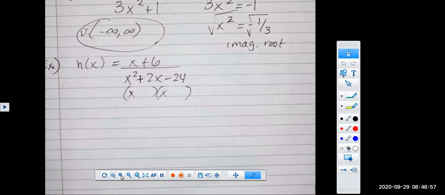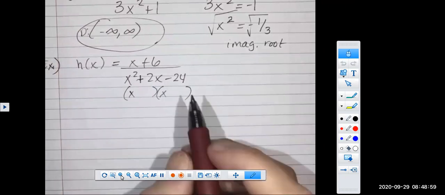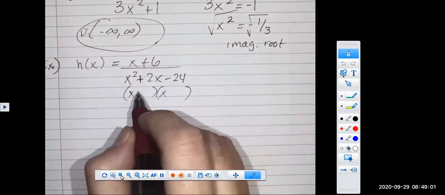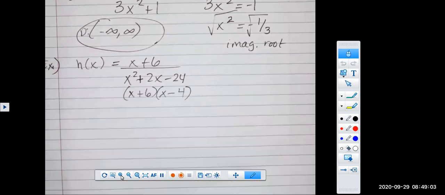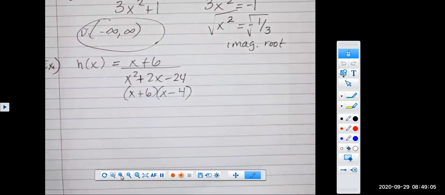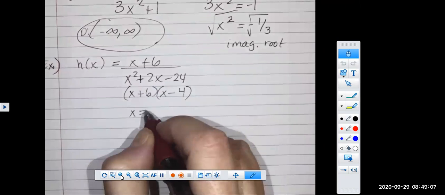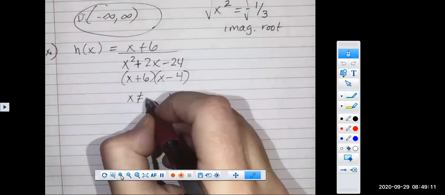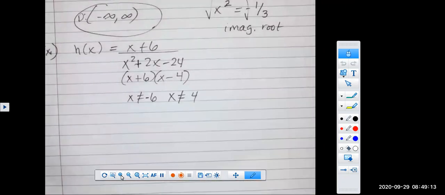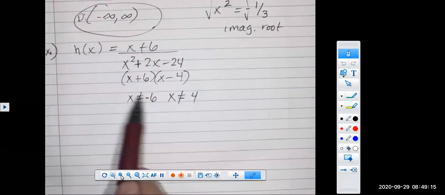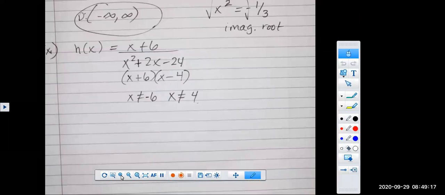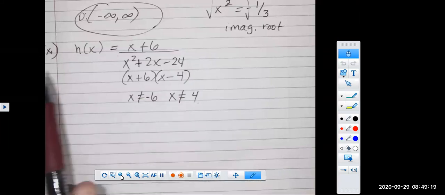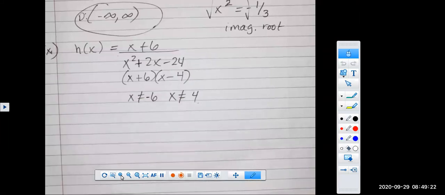Factoring is like in every lesson in pre-calc. x plus 6, x minus 4. Good. And so the two values you're excluding, x cannot be what and what? -6, nor can it be 4. So we won't finish that one, but I just wanted to go over one like that where you have to factor it as a trinomial.